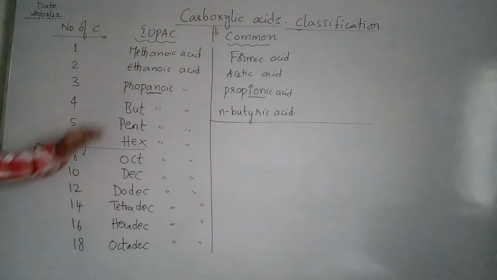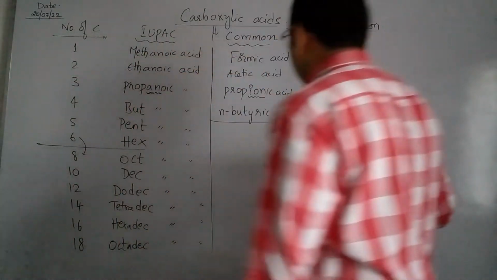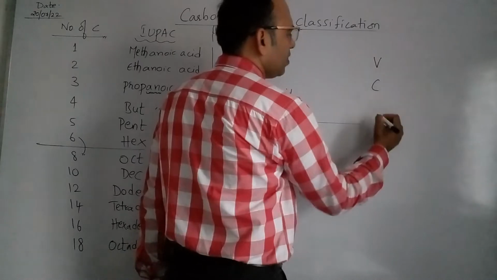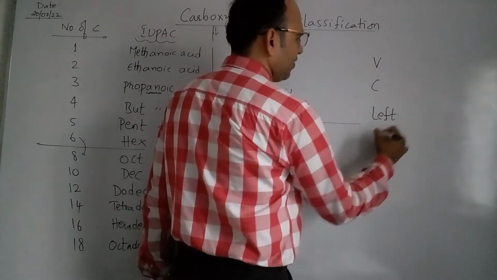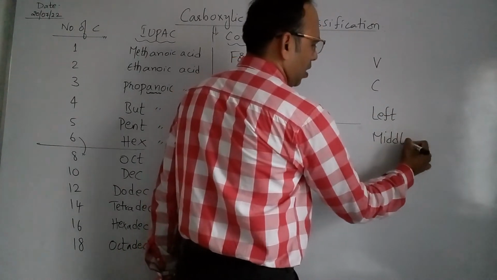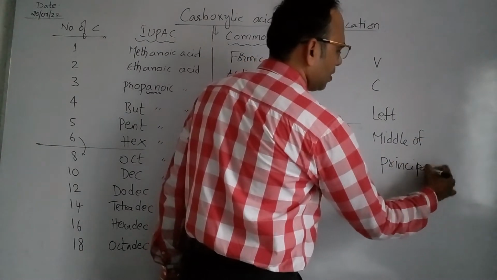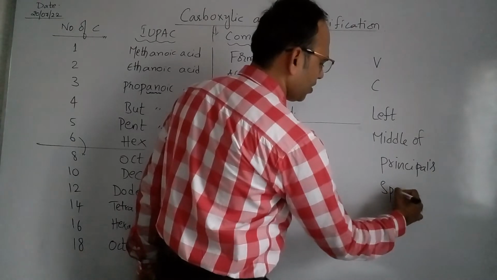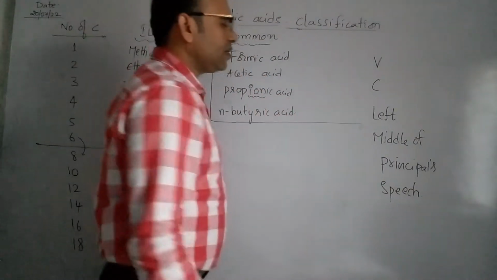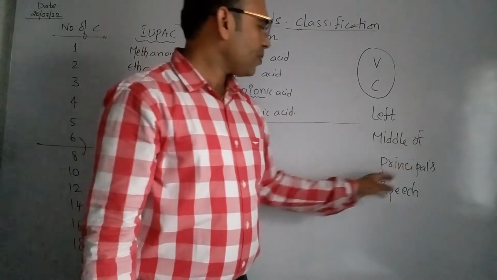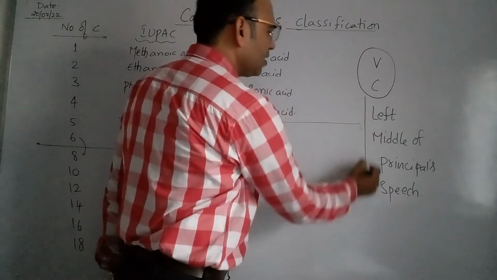Now to write the next carboxylic acids, we can use a simple shortcut method. Let me tell you that we can write like this: VC left middle of principal's speech. A simple sentence: VC, Vice Chancellor, left middle of principal's speech. It's a meaningful sentence.